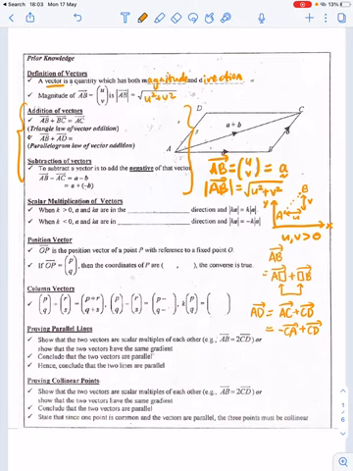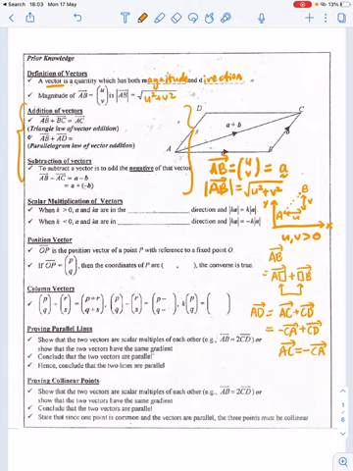Make sense? Because AC is the negative of CA. This is always true: if I swap the alphabets around, the vector will be the negative of the other. Make sense? Because it's in the opposite direction, but of the same magnitude.